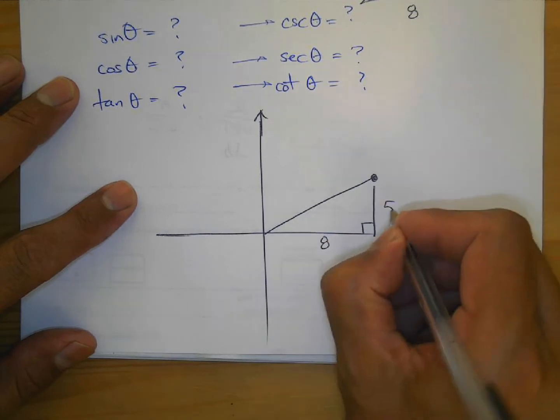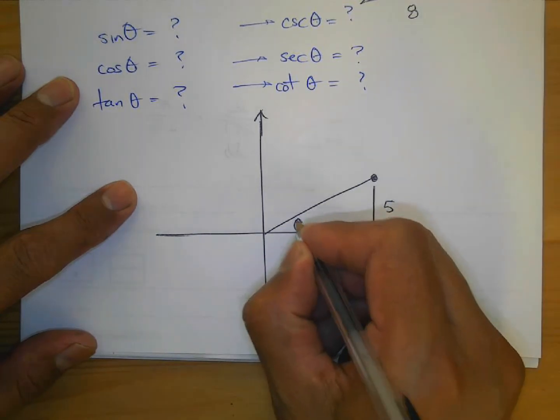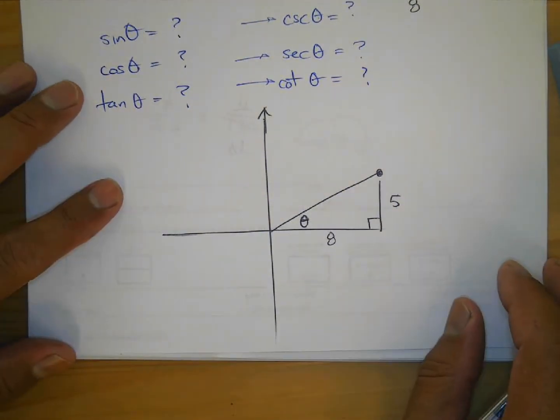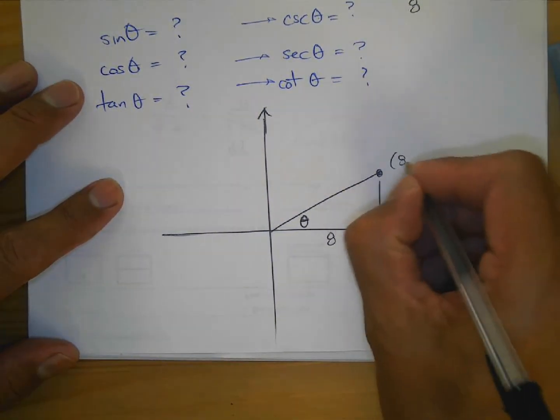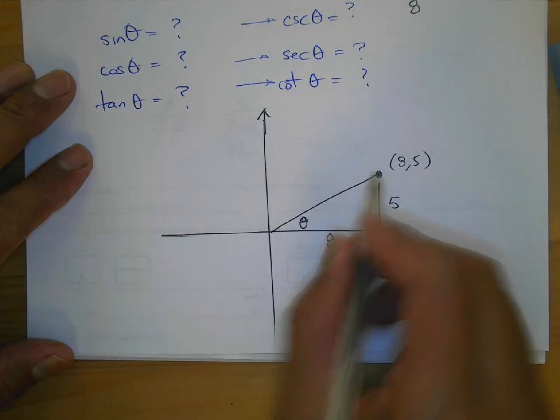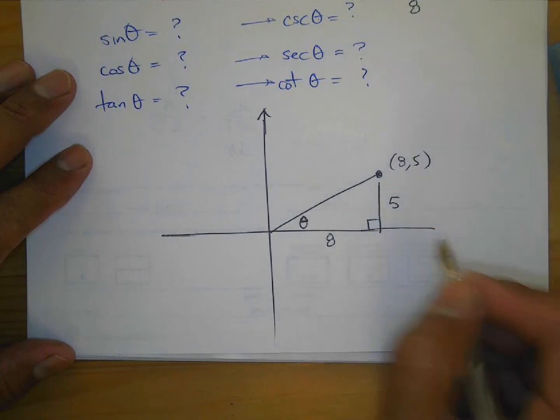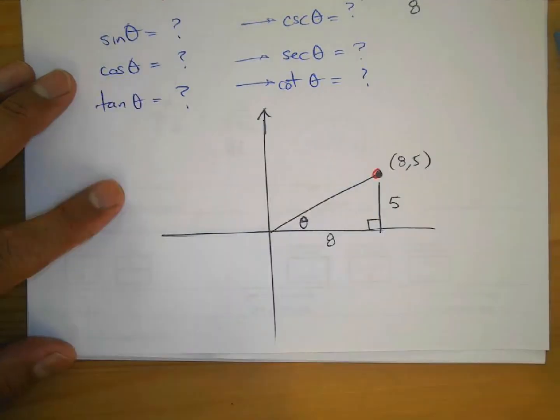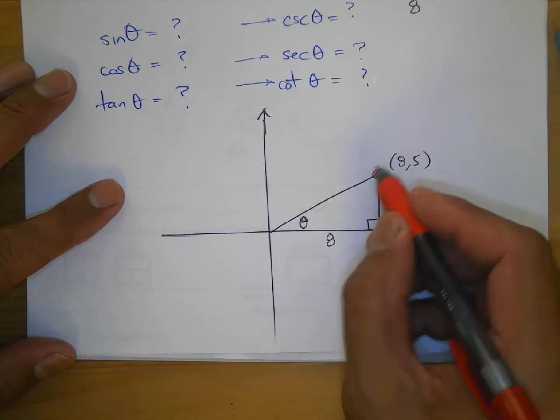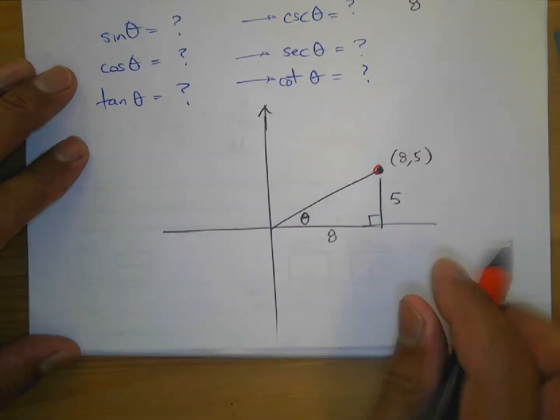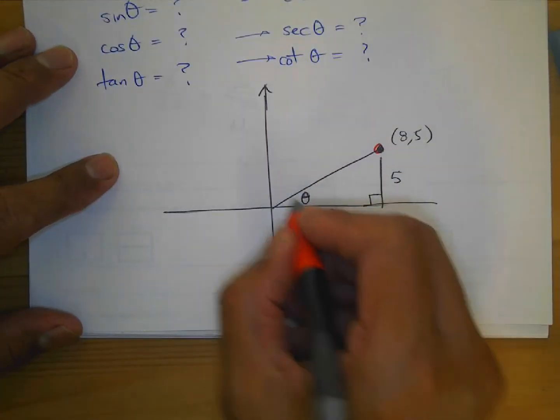This was 8, 5. The only thing you have to watch out for, again, remember this triangle is not really there. The only thing that's really actually there is this. Honestly, it's only the point that's there. This is all really imaginary.